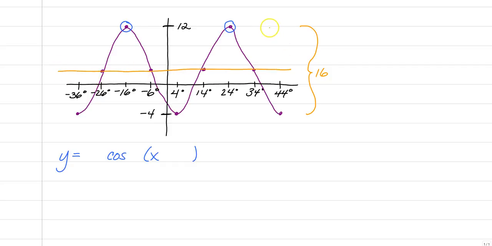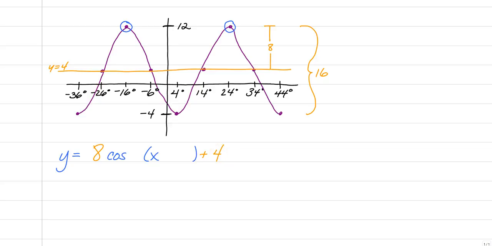So that means from here to here is 8. So that means our node line has to be 4. So this would be y equals 4. So now we have just discovered that our amplitude, or our A value, is 8, and our node line is 4 units up, or a vertical displacement up of 4.